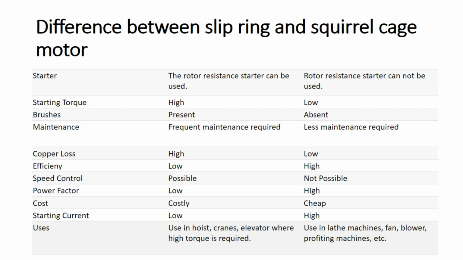The power factor for the slip ring motor is low, whereas the power factor for the squirrel cage motor is high. The cost of slip ring motor is very high, and the cost of squirrel cage motor is low. The starting current for a slip ring motor is low, whereas the starting current for the squirrel cage motor is high.